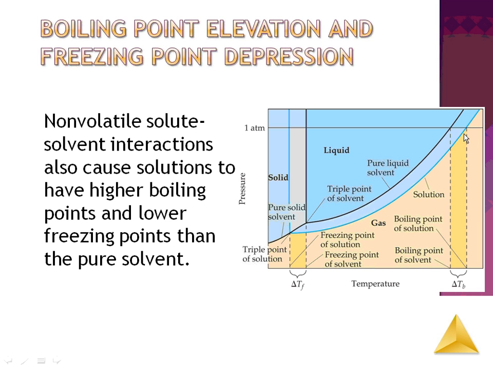And over here on the freezing end of things, as we drop that vapor pressure curve down, you can see that now where this intersects with the vapor pressure line of the solid at 1 atmosphere, it is now considerably lower in temperature than what it was before, and that would be its new freezing point.